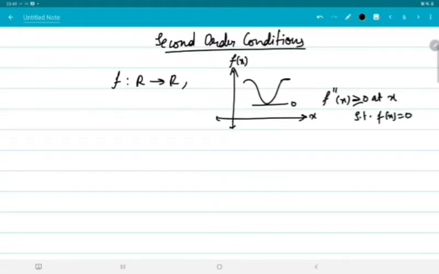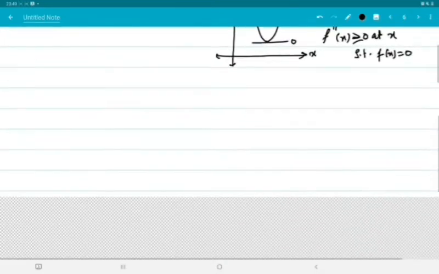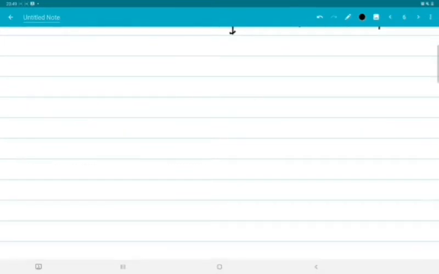Start by thinking about a condition which is analogous to the R to R case, and that is stating that at x, where the gradient of f is 0, at that point the Hessian is PSD.